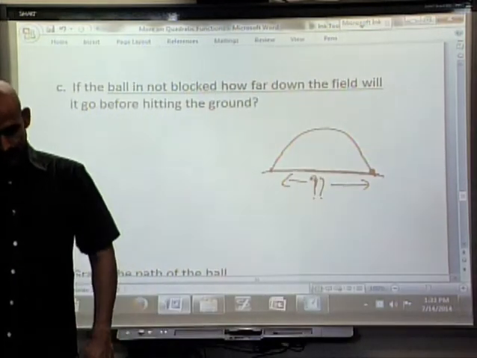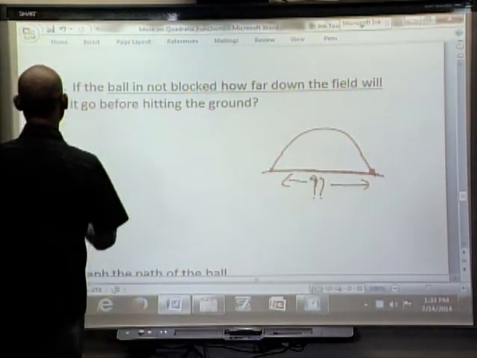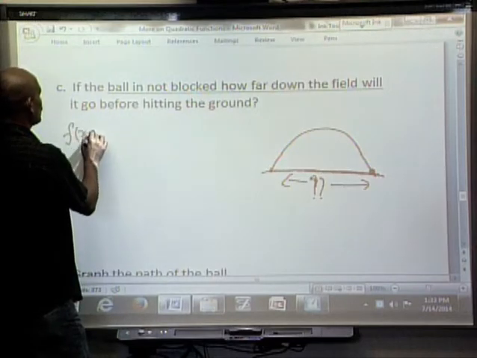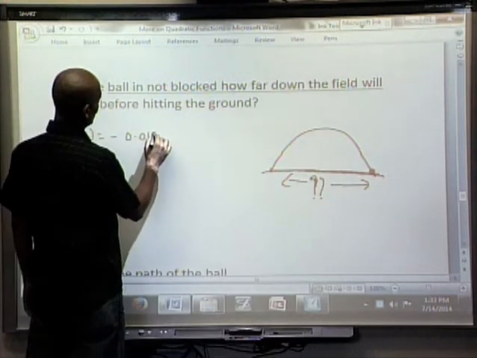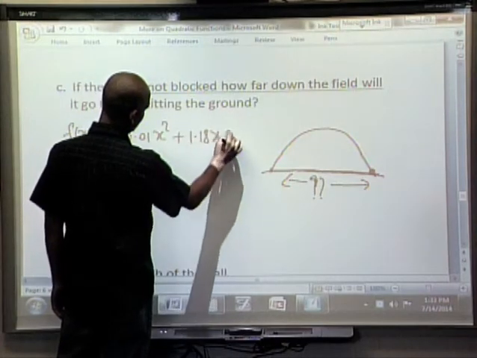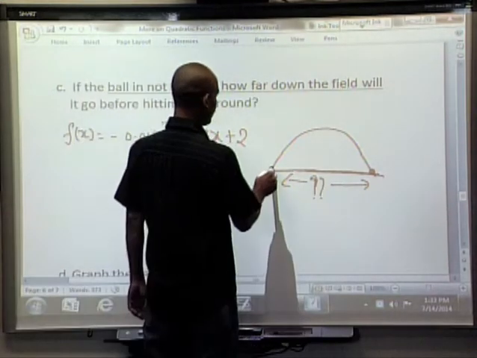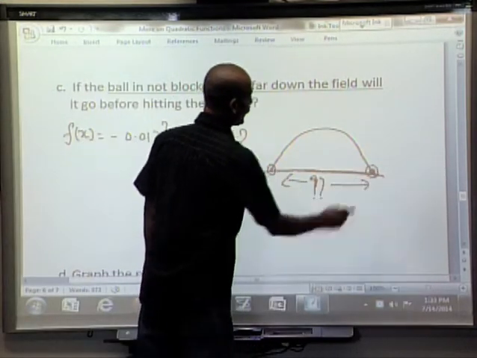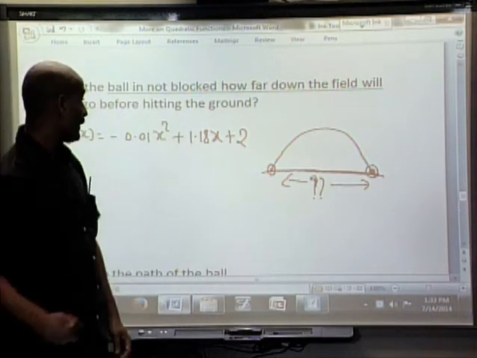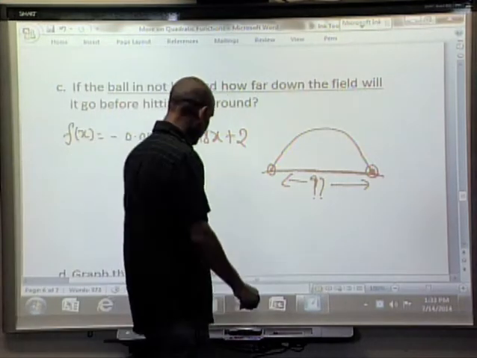Well, see, the formula of this path is given to be equal to negative 0.01 x squared plus 1.18 x plus 2. If we think of this point and this point, this could be the situation.